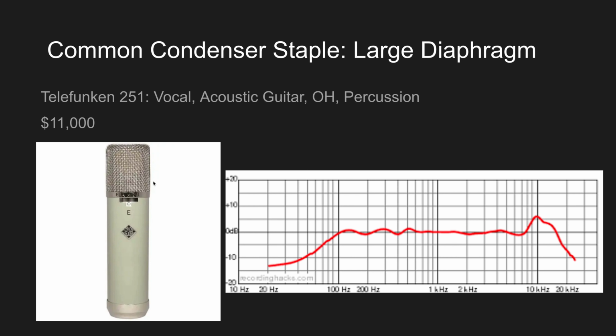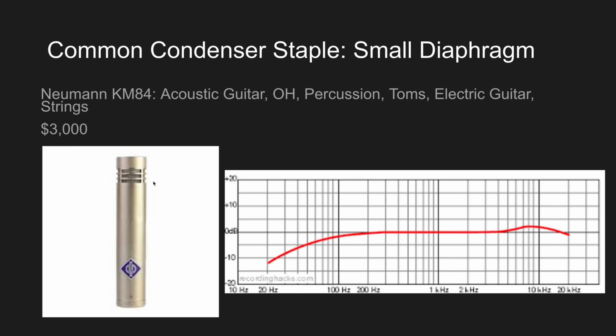We're going to go to small diaphragm now. Biggest difference is obviously the diaphragm is a lot smaller. It fits in a smaller form factor. So typically, these are all going to be used for kind of the same things, but the KM84 is great on acoustic guitar, overheads, percussion, toms, electric guitar, even strings.